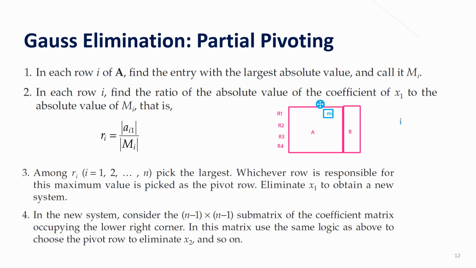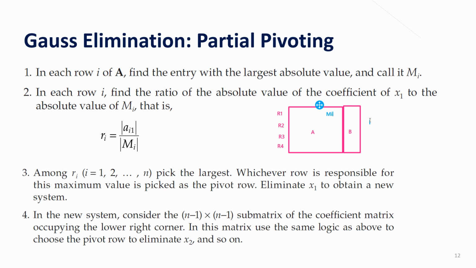What is Mi? Mi is the largest absolute value. So even if it's a negative value, you take the absolute value first and then find the largest one. Call it Mi for each row.